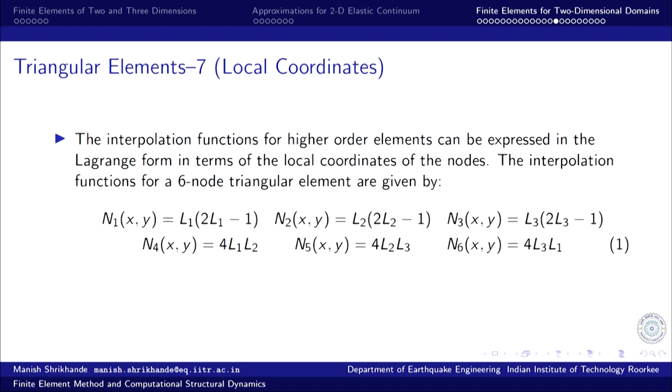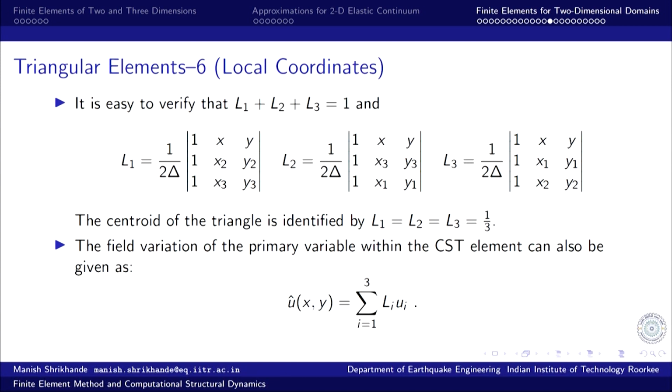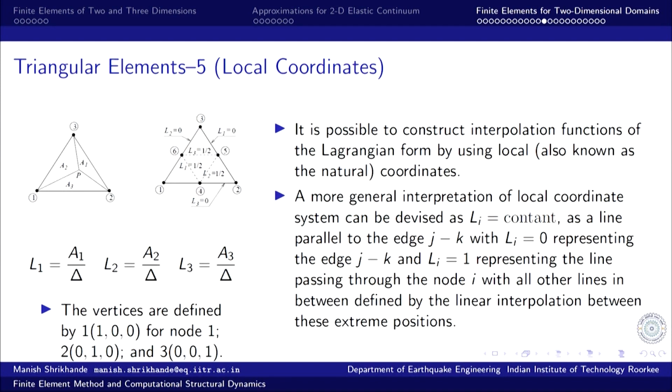It is very simple actually. We go back to these equations. Let us say this node 4, a mid side node. The interpolation function for node 4 requires that it has to vanish at all other nodes.